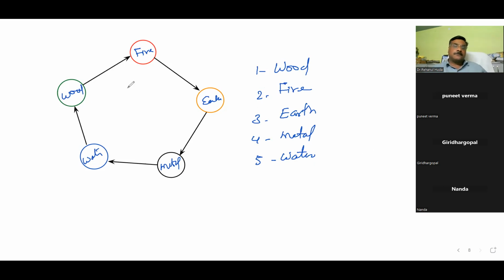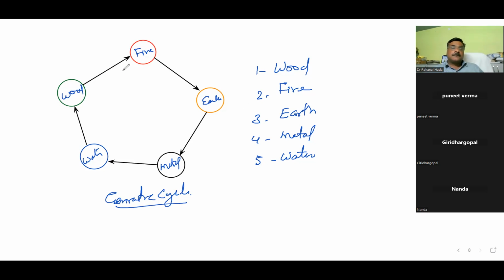This cycle is called the generating cycle. Each organ is nourishing the next organ.